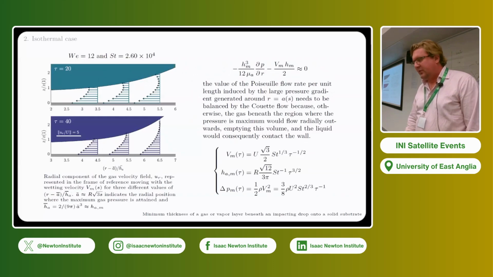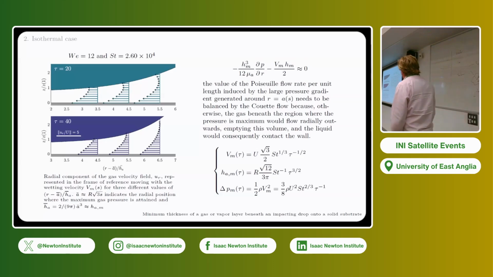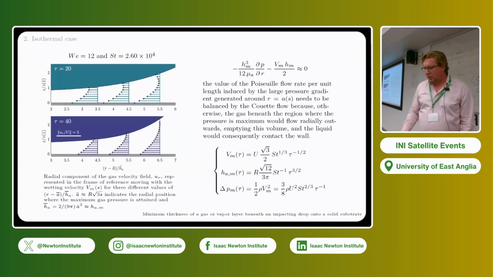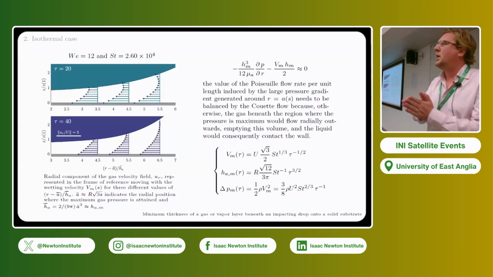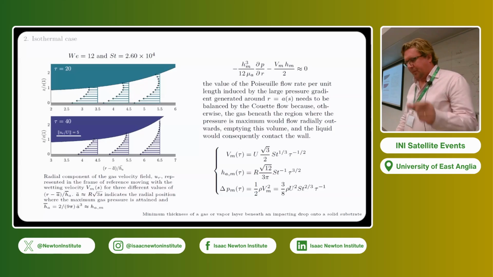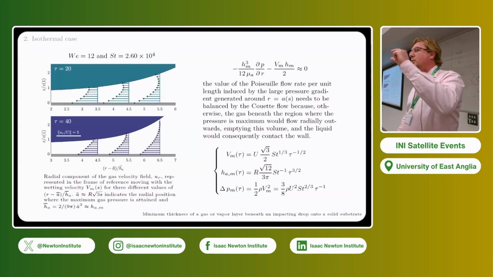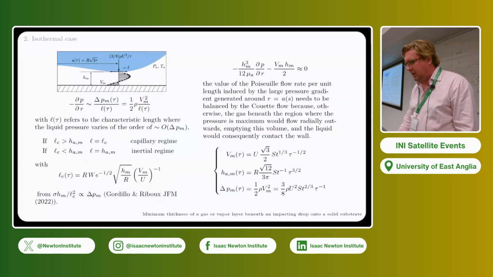Beneath this drop, we have flow rate conservation, and we have two flow rates per unit length. One is a Poiseuille flow rate, the other one is a Couette flow rate, because we are moving in the frame of reference with this radial position, which is the radial position where we have the minimum thickness, and we have the expressions of Vm, Hm, and delta Pm.